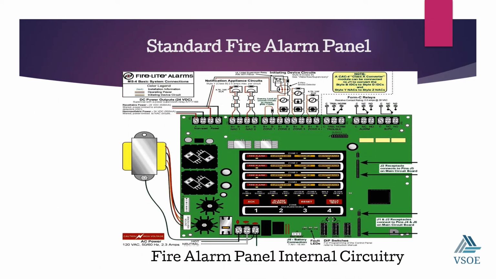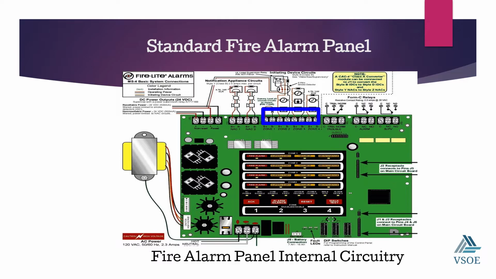Next thing we're going to look at is the standard fire alarm. And as we mentioned, we have the input devices. That is on this side here where this is showing you the zones, which is zone 1, 2, 3, and 4.